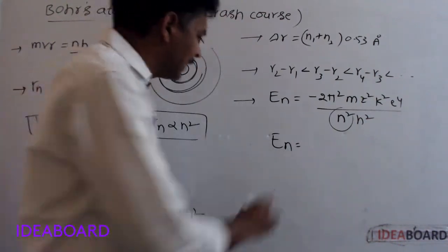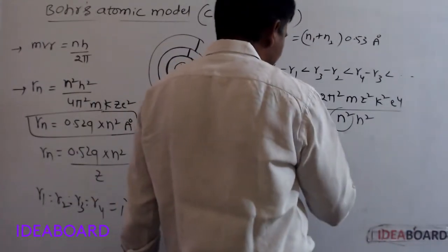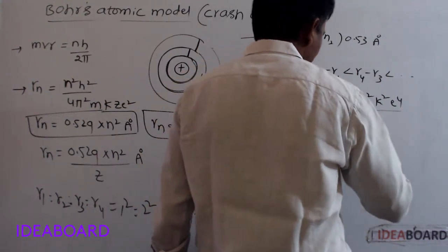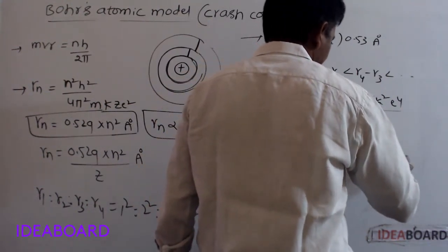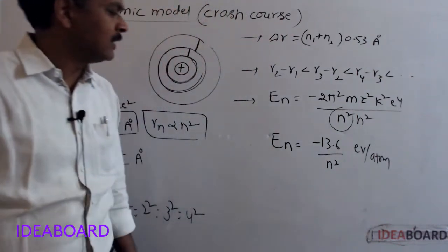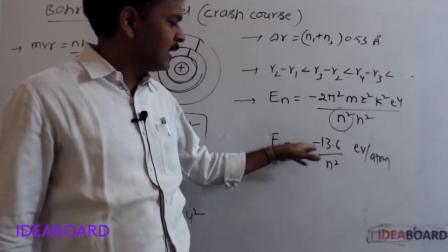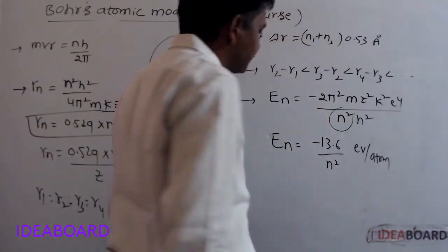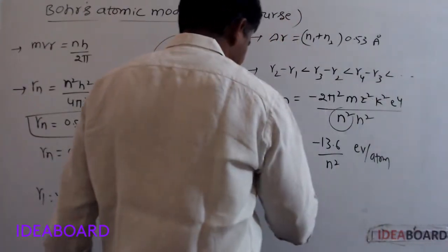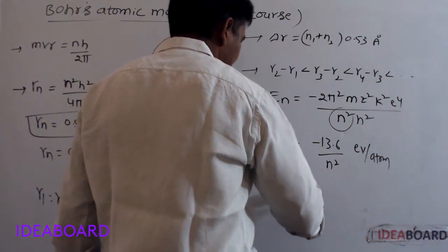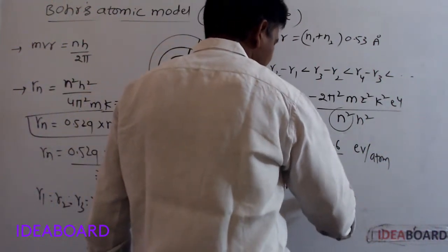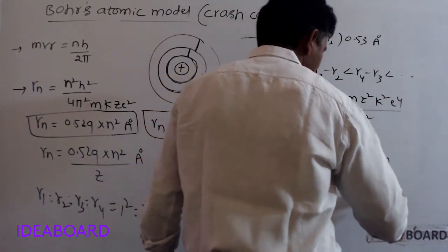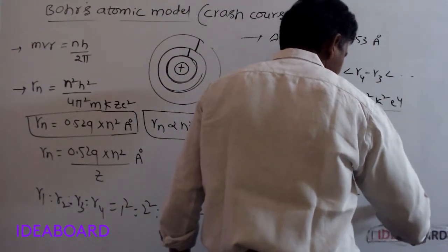In electrostatic units per atom, En is minus 13.6 by n square electron volts per atom. For hydrogen-like species, multiply by Z square: minus 13.6 by n square into Z square electron volts per atom.